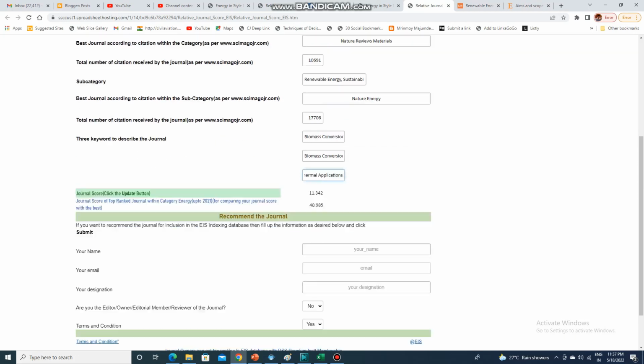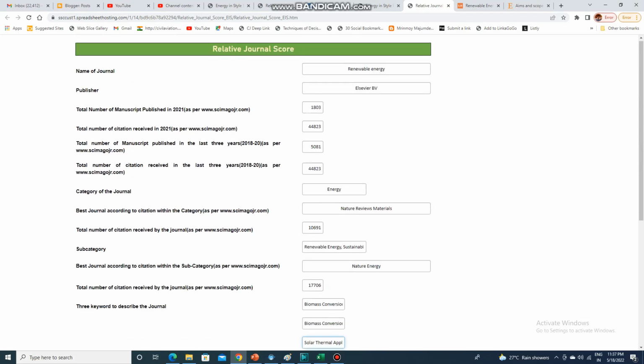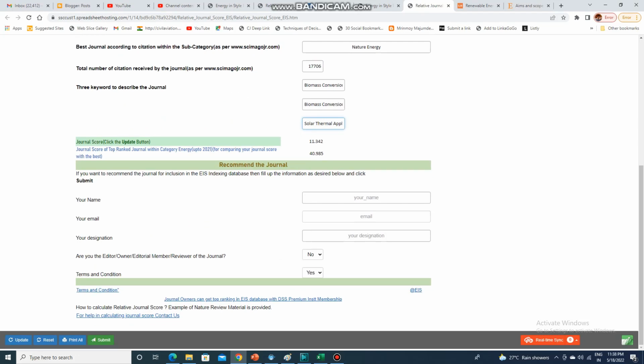So here you see, even before clicking on the update button, the journal score has been calculated for the Renewable Energy journal as 11.342, compared to Nature Reviews Materials, the best journal of 2021 under the category of energy, at 40.95. Now you can understand how good or bad your journal is.